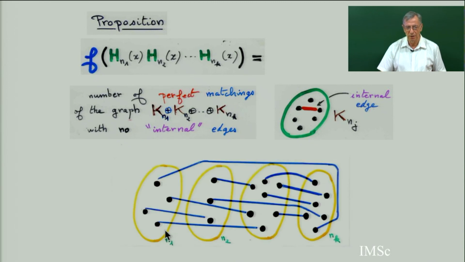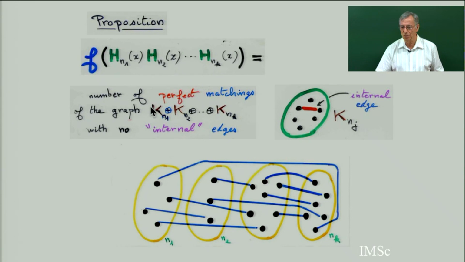I mean this, you see, I take a complete graph with n1 vertices, a complete graph with n2 vertices, and so on. Each of these is a complete graph, and any vertex of this can be connected to any vertex of this.